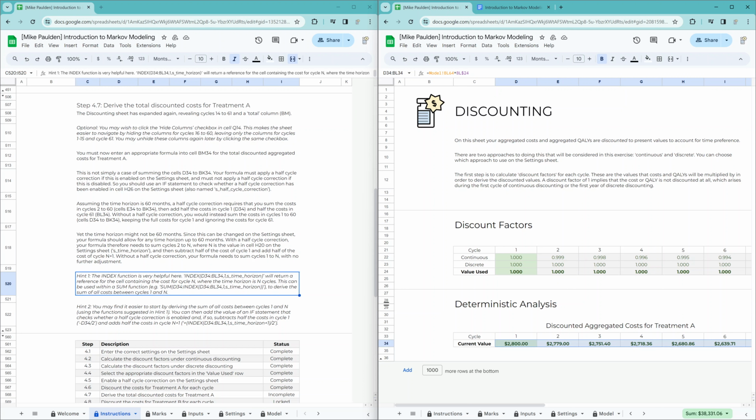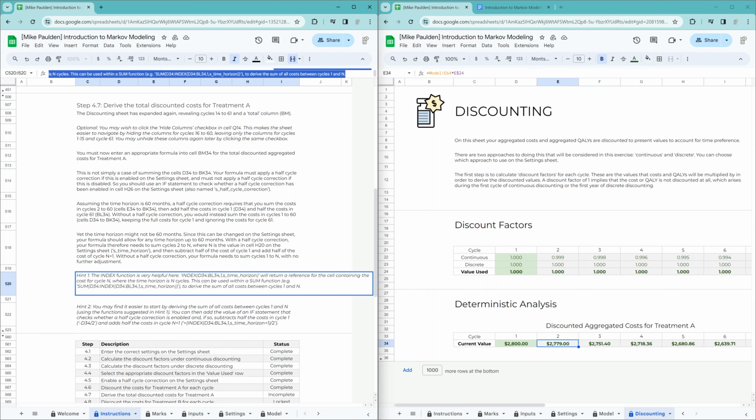Okay, so this INDEX function, you first of all put in the range, and then you want, I believe it's the rows, if I recall from memory, and then the columns. So it's going to be row 1 within this range, and then column is S time horizon. That's how far along you want to go. And that will return a reference for the cell containing the cost for cycle N. And so that can be used within a SUM function. So what I'm going to do is, just to save a bit of time, I'm going to copy this SUM function.